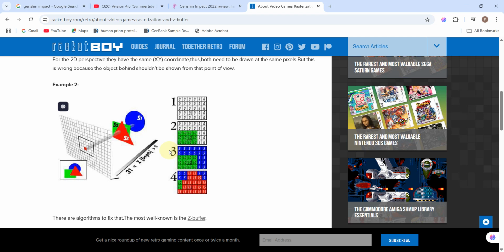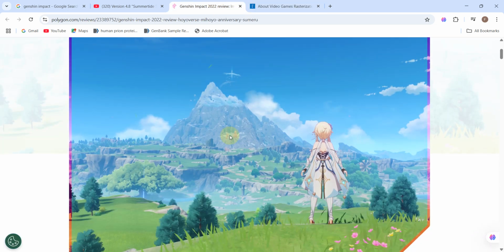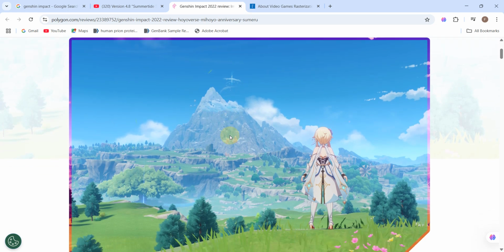How? For motivation, I'm going to show you scenes of the Genshin Impact game as an example of 3D games. So here is a picture of one of the scenes of Genshin Impact. You can see that there is a wide, beautiful area spread all over, and this is the character.